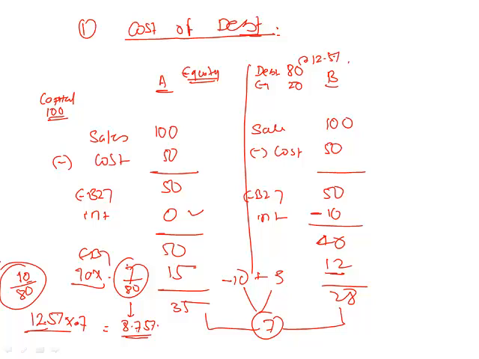Is it correct? Yes. So how did we get 0.7? 1 minus 30%. So cost of interest into 1 minus tax rate will give you the effective cost of debt. And for calculation purposes, we have to use the effective cost of debt. Are we clear with this logic here? So write down this example.